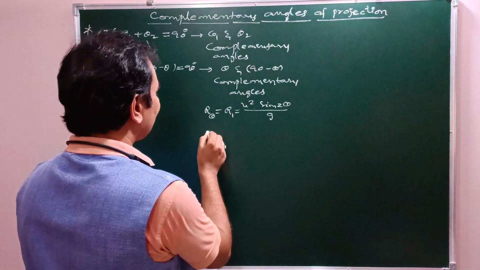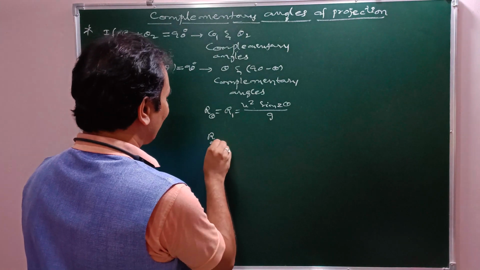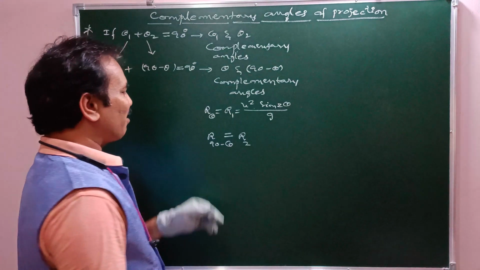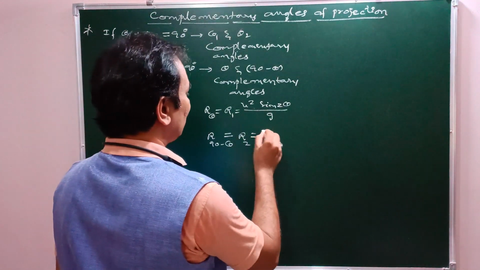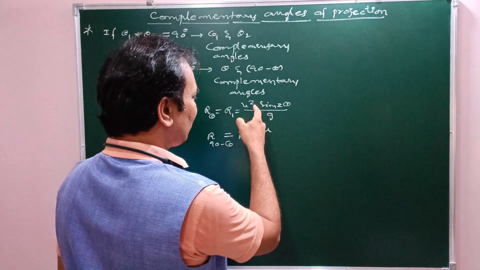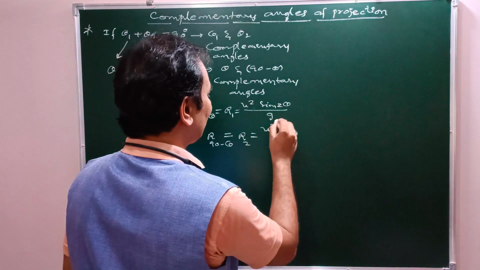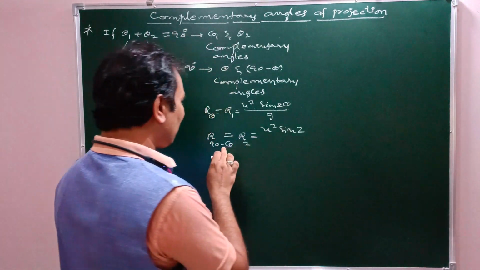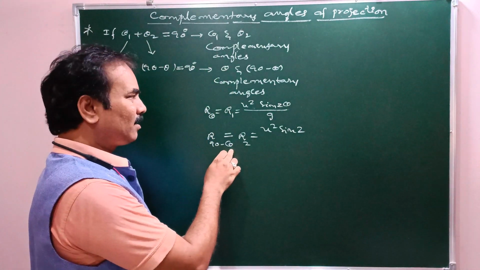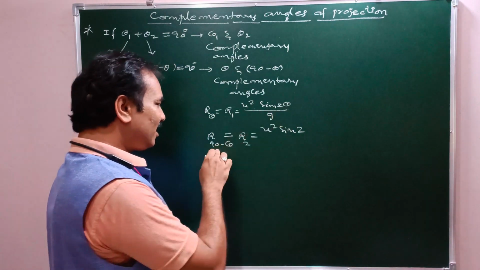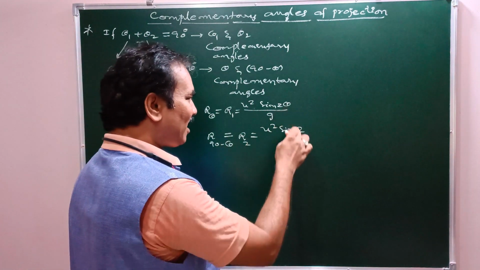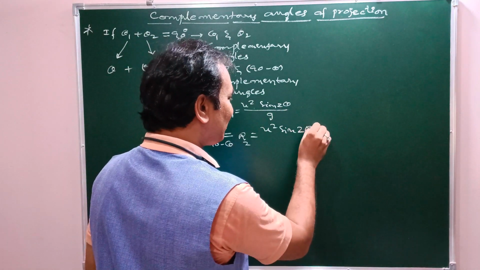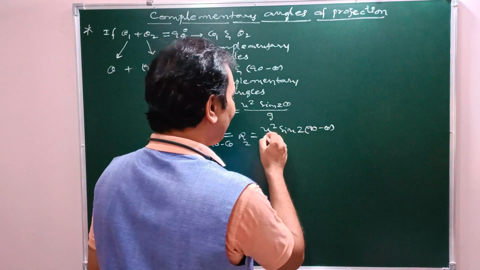So R at 90 minus theta, say that is R2, equals, as per the mathematical expression, U square sine 2 theta by G. Here it is 90 minus theta, so replace theta by writing 90 minus theta: U square sine of 2 into 90 minus theta by G.